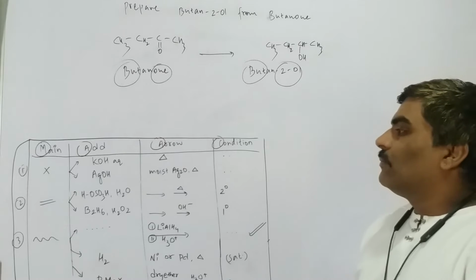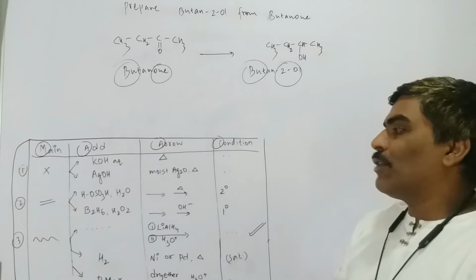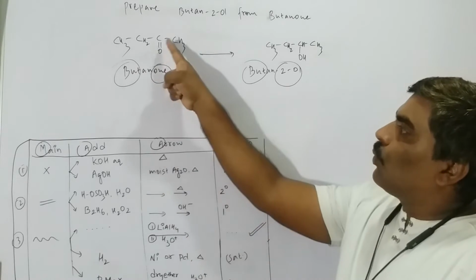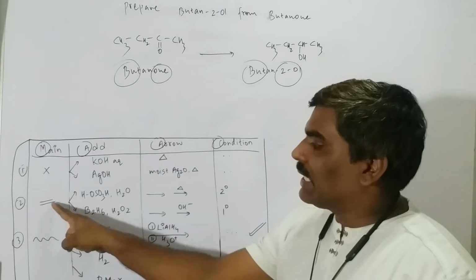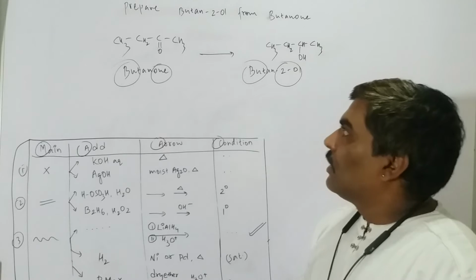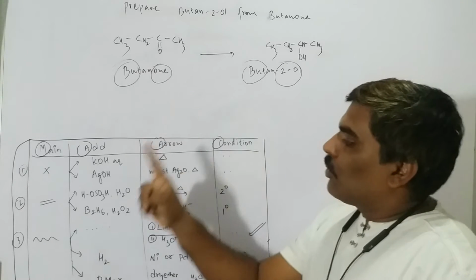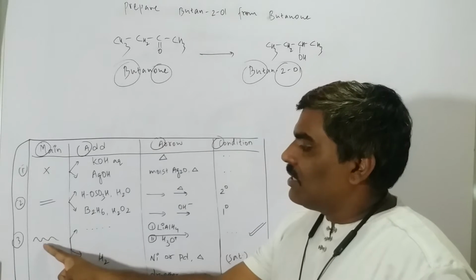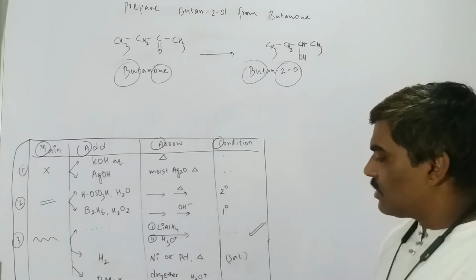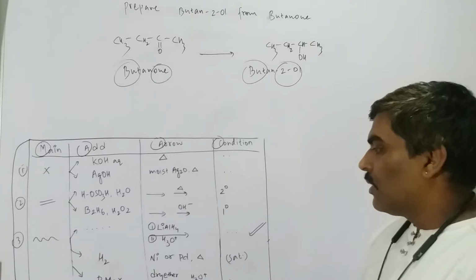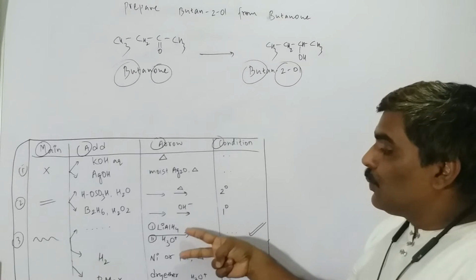Now compare. First you try to find out whether this ketone belongs to number 1. No. Alkene. This directly belongs to zigzag. In this zigzag, 3 possibilities are there. So can we use this? No. But these 2 can be used.